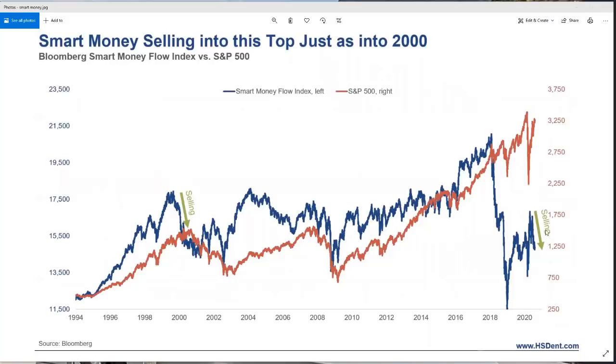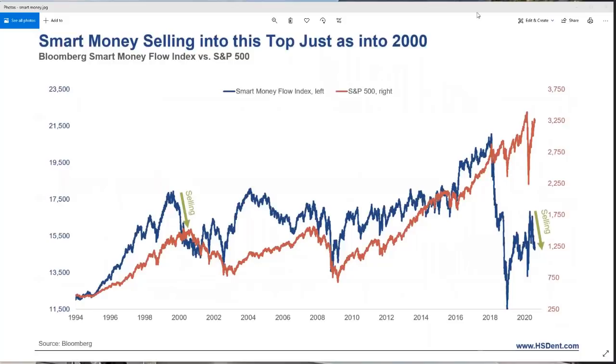There hasn't been a bigger gap than what is happening right now in the market. Even though we've had a big rally, look what the smart money's been doing. They've been selling off quietly. Over the last year or so the smart money has been selling off quite strongly compared to what is actually going on right now with the market.